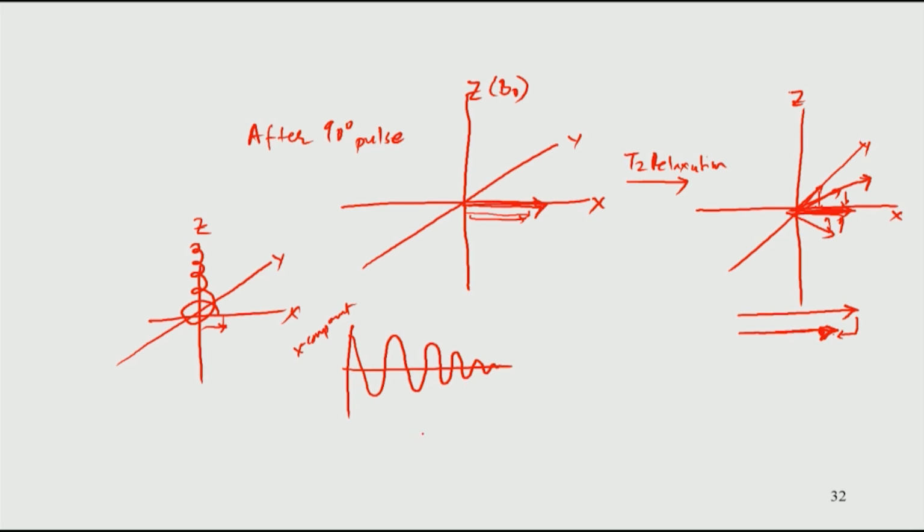So, our FID is nothing but a projection of this magnetization along the x axis. This is the FID which I showed in the previous class, a previous slide, and you see what is happening here. This is basically an oscillation plus a decrease. So, we use the word damped oscillation.